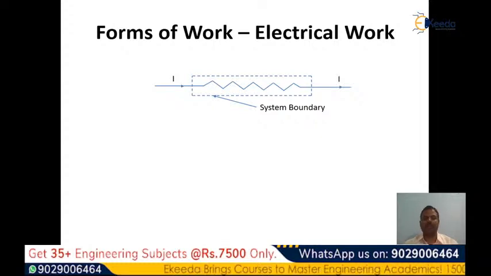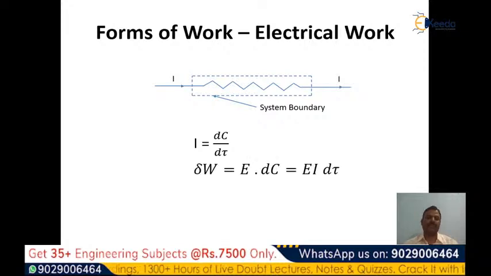We can define current as dc divided by d tau, where dc is the charge that crosses the system boundary in time d tau. With a potential difference of E, the infinitesimal work done is given by E into dc.